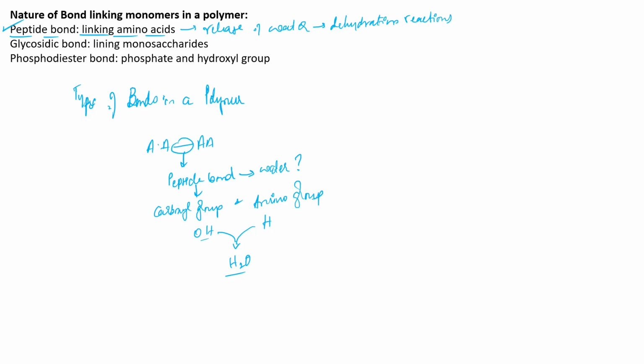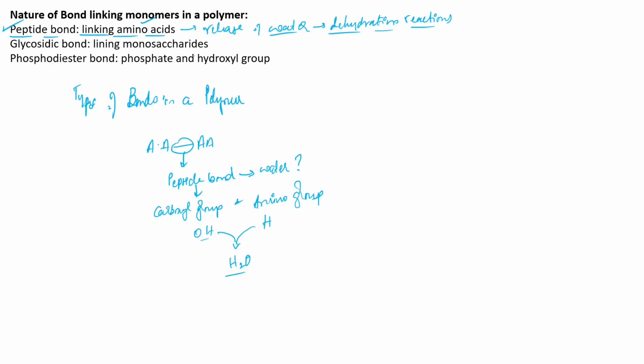They are called dehydration reactions because there is release of water molecules. So the peptide bond is mainly involved in linking the amino acids. When you link one amino acid with another amino acid, this results in the formation of a protein. The product, as we mentioned, is water, and such reactions are called dehydration reactions.